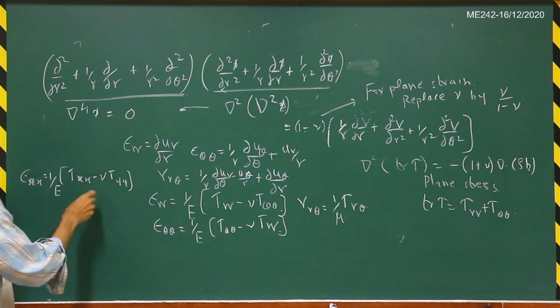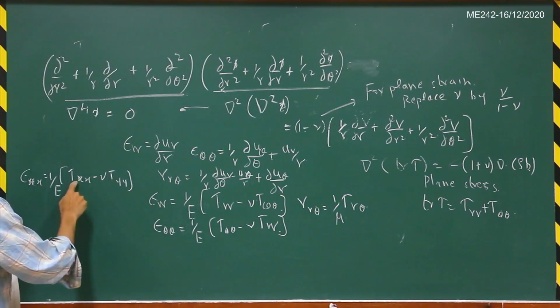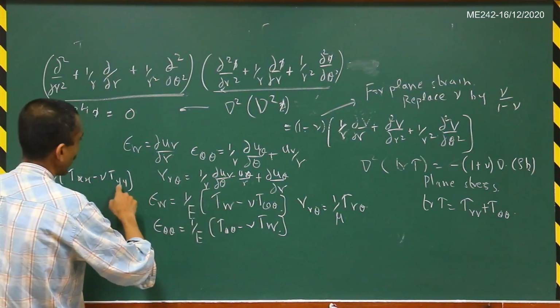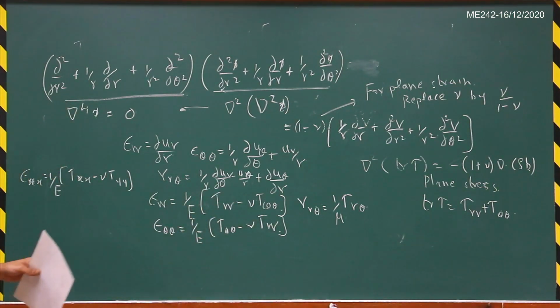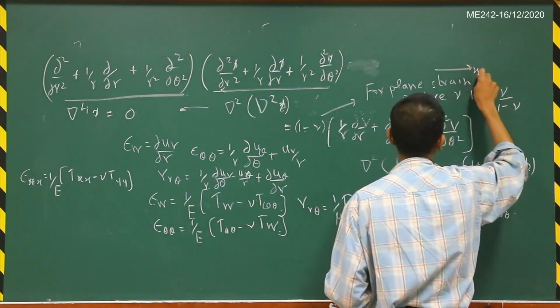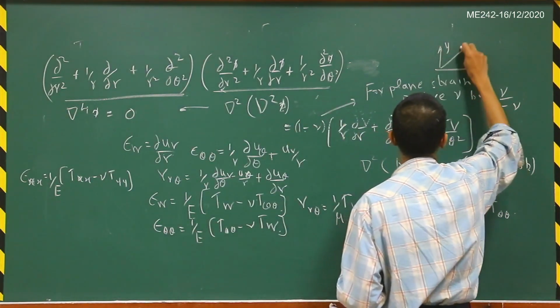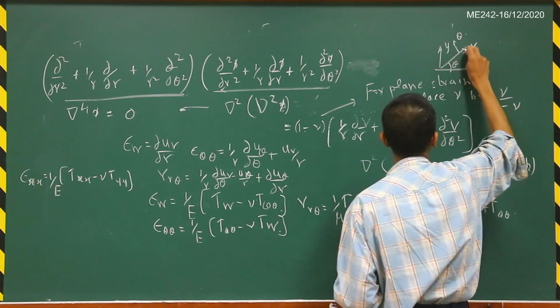If I replace xx by rr and yy by theta theta, I get this particular equation, right? That is because this is your x and this is your y, and this is your r direction and this is your theta direction, and this is your theta, for example.